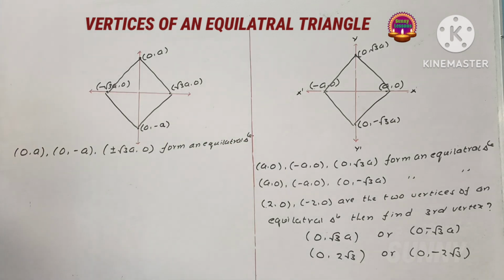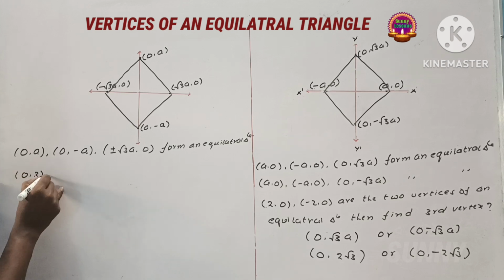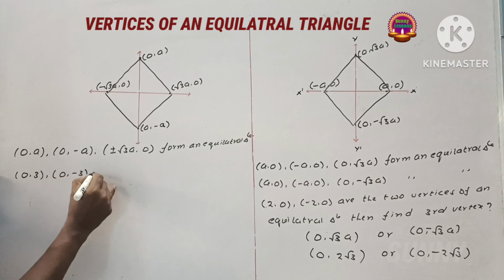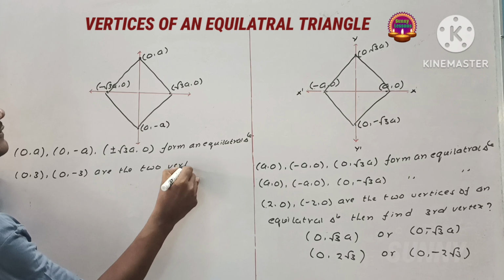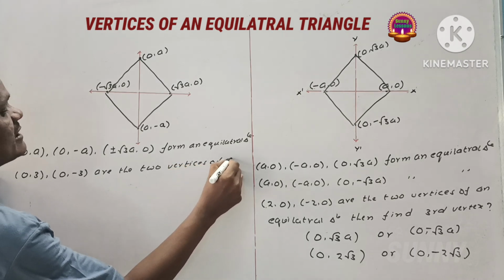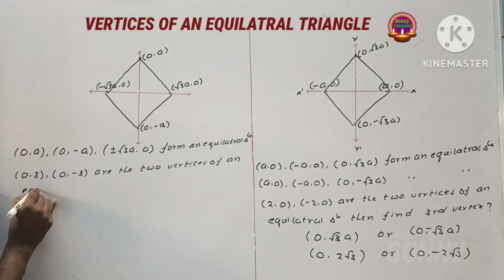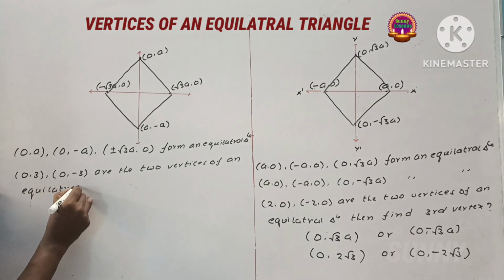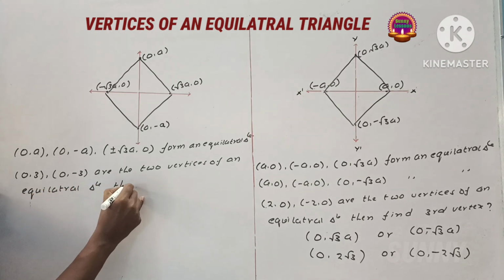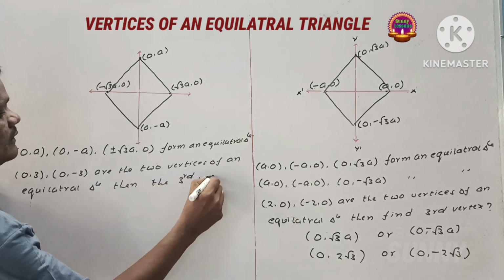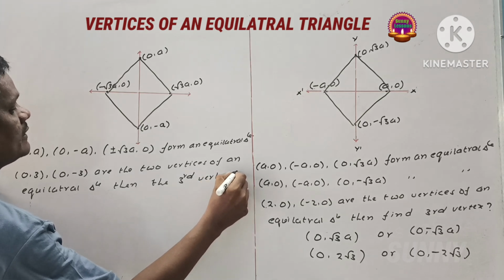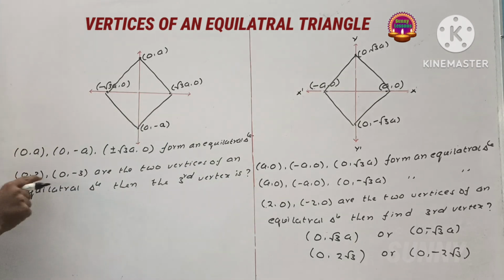Let us take one example. (0, 3) and (0, -3) are two vertices of an equilateral triangle.